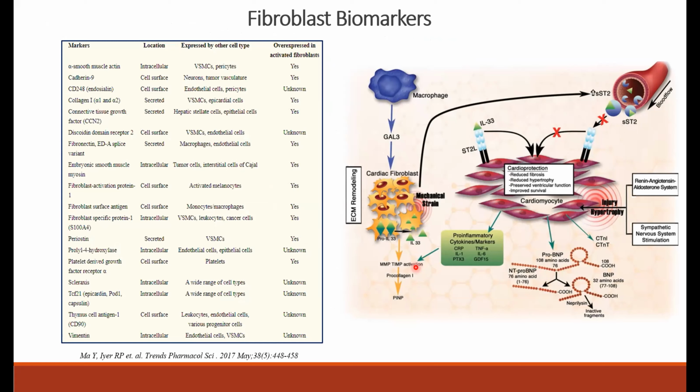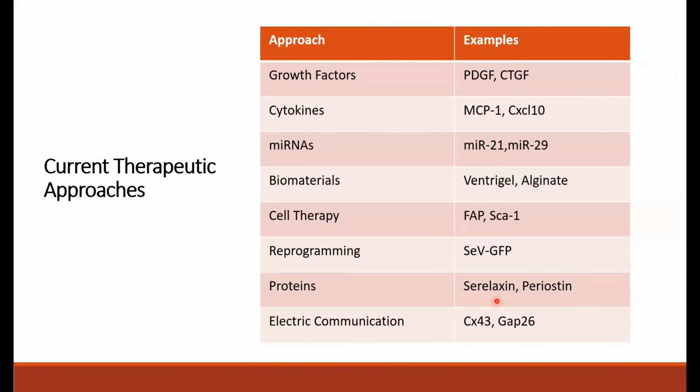People are also working on TIMP activation and also suppressing the immune system as a means of trying to reduce fibrosis. So these are all the different targets that are being looked at because fibrosis is a disease which is multifactorial.